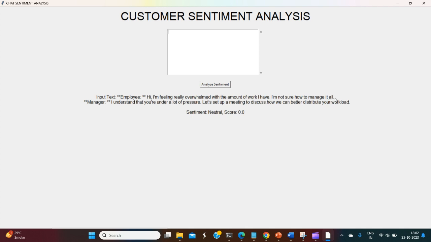I'm not sure how to manage it all," it tends a little bit towards negative. Then the manager is saying, I understand that you are under a lot of pressure. Let's set up a meeting to discuss how we can better distribute your workload. I think the manager has coped well in the context of the employee's sentiments. The manager has replied well.